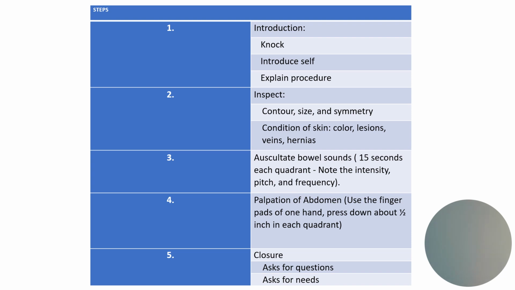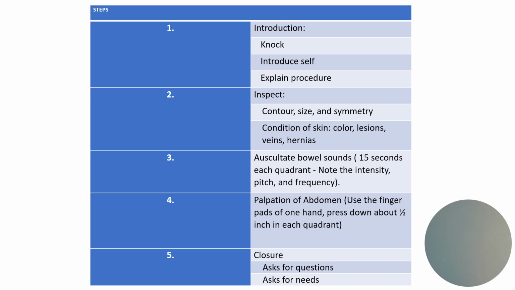If they're having pain, that is the last quadrant that you will palpate. So you start in the adjacent quadrant and then you work your way around clockwise, making sure that you don't forget any area. If the client reports pain when you're palpating, stop.